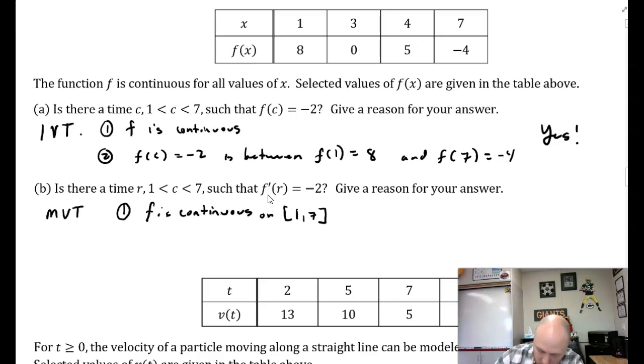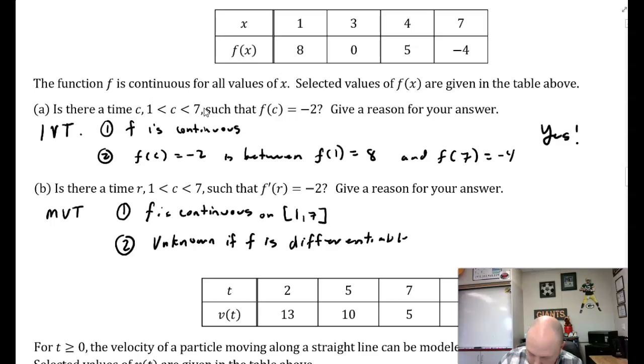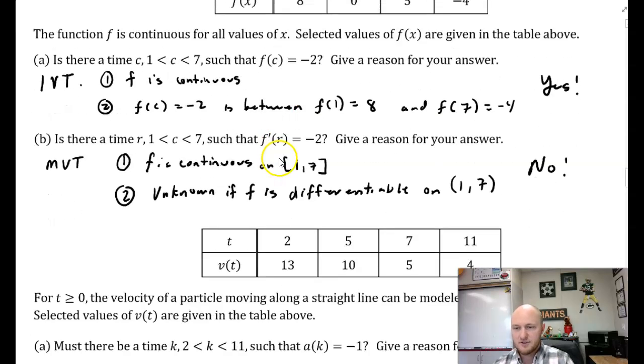They tell us for all values it's continuous. Okay, condition number 2. Is it differentiable on the open interval? Well, they don't tell us at all if the function is differentiable. So therefore, it's unknown. I'm going to say unknown if f is differentiable on 1 to 7. No, cannot apply the MVT. We do not know. We have to know.